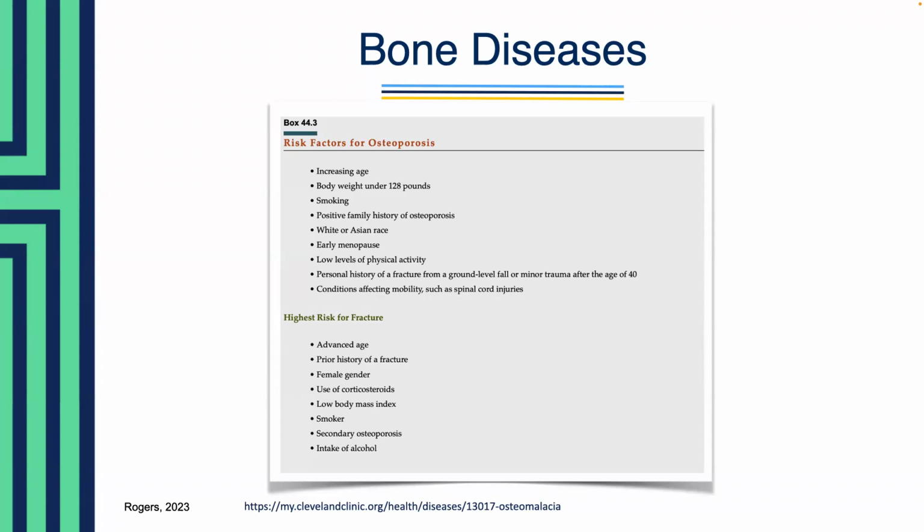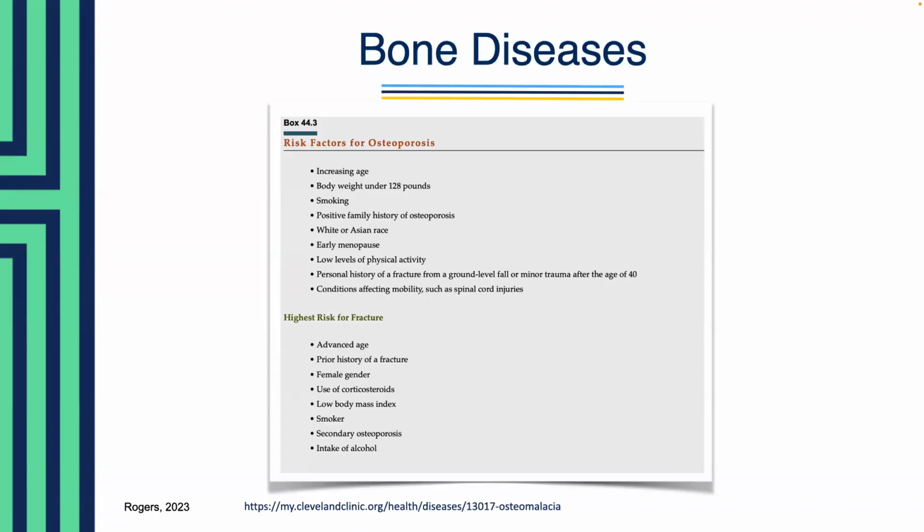Now, the primary pathophysiological mechanism of osteoporosis is an imbalance between the bone reabsorption by osteoclasts and bone formation by osteoblasts. This results in a net loss of bone mass and density over time.